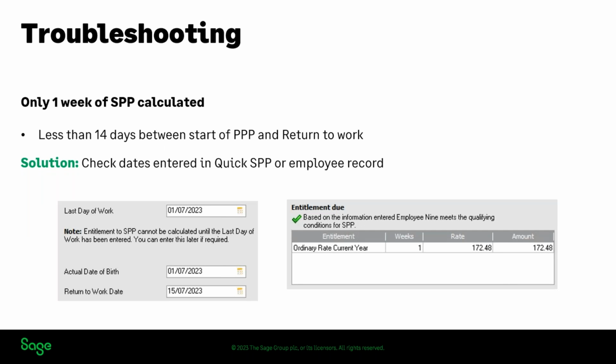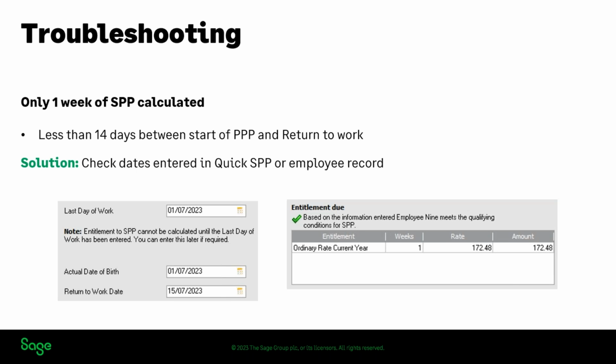Other one just to quickly mention is sometimes you might find that only 1 week of SPP is being calculated, when you're expecting 2. And usually, more often than not, this is because there are less than 14 days between the start of paternity pay period and the return to work date. So if you have a look at the dates on the screenshot here, you can see we've got last day of work the 1st of July, return to work the 15th of July.